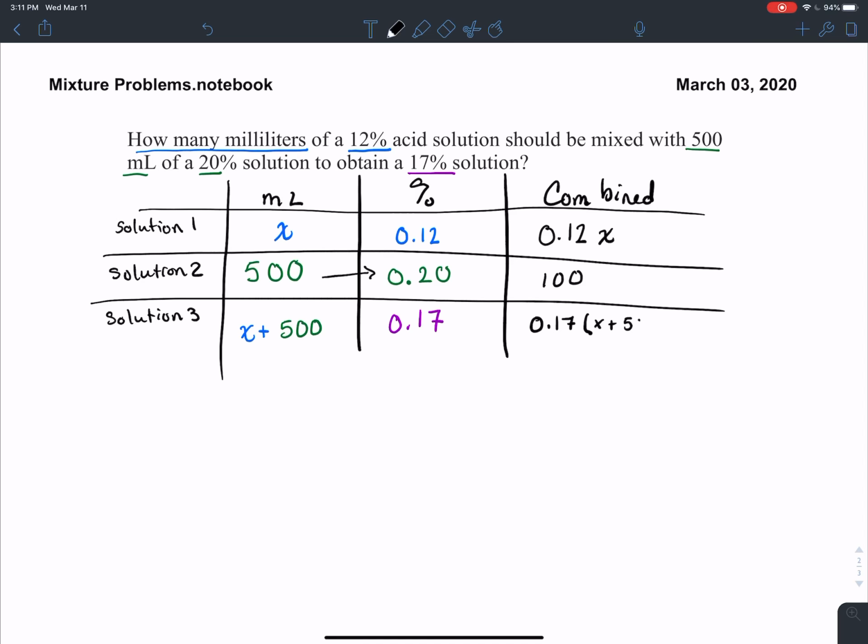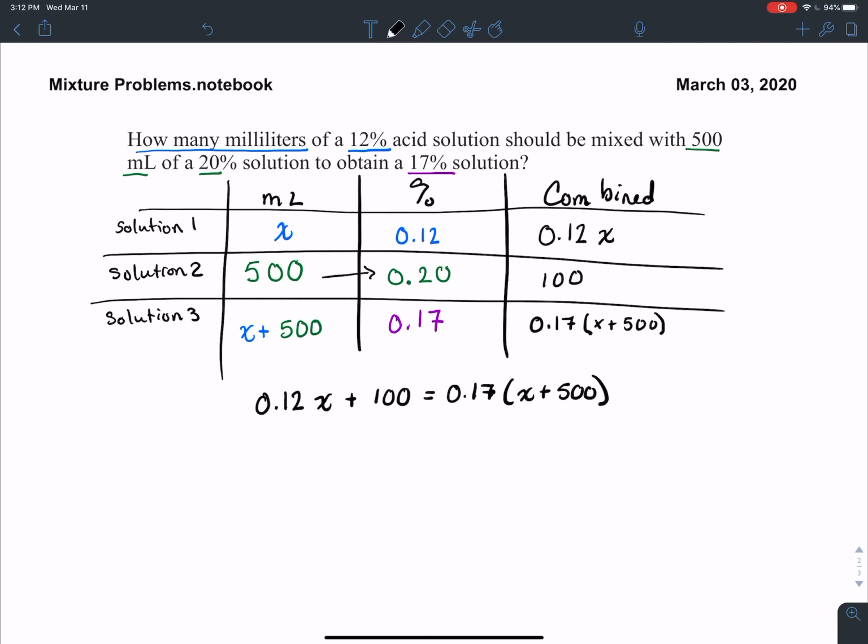So I need to put that X plus 500 in parentheses. For my equation, I'm going to add the first two solutions, so 0.12x plus 100, and it has to equal that third solution, the 0.17 times x plus 500.